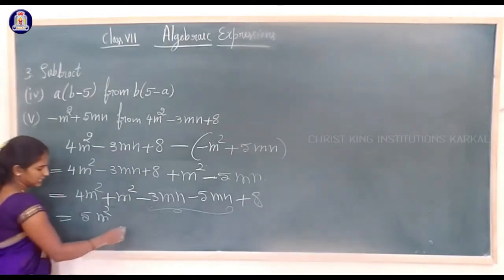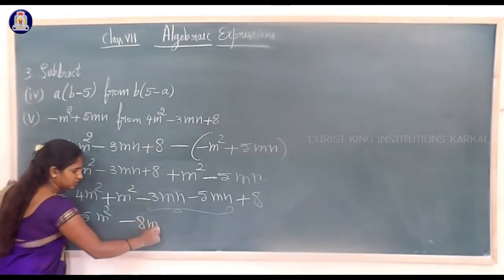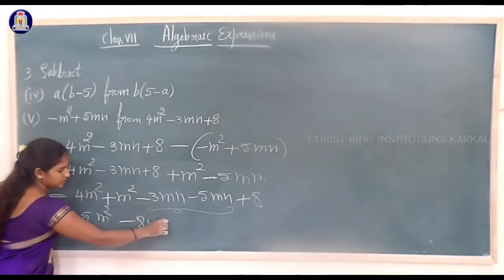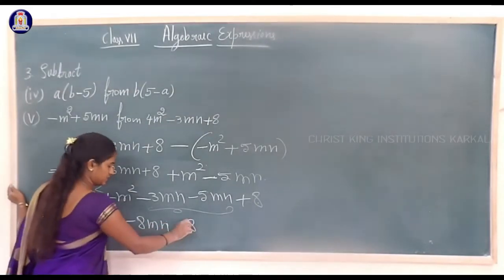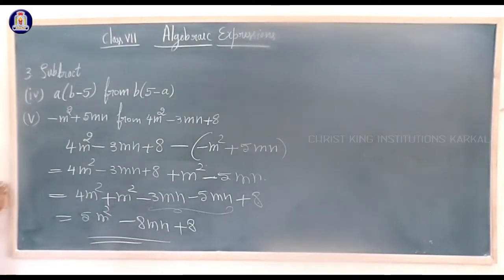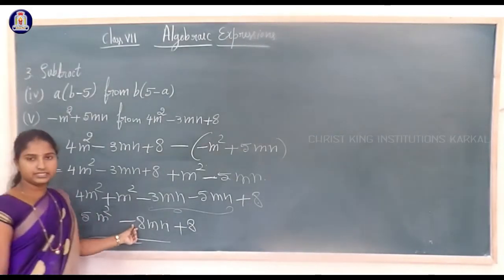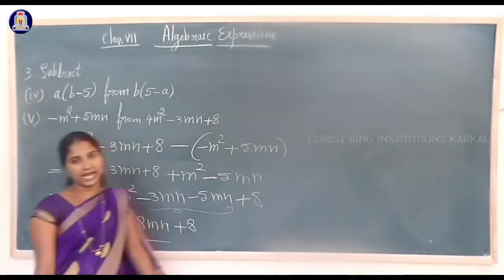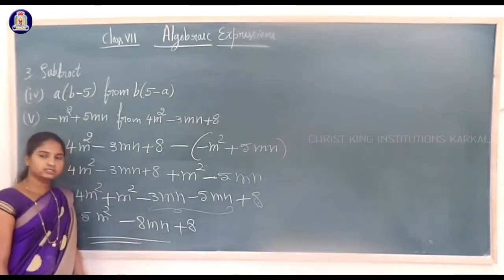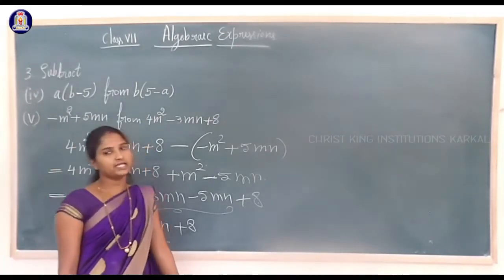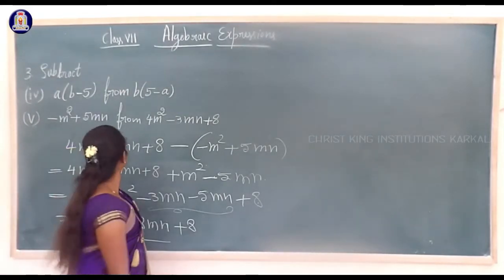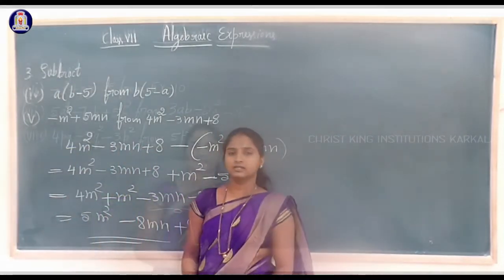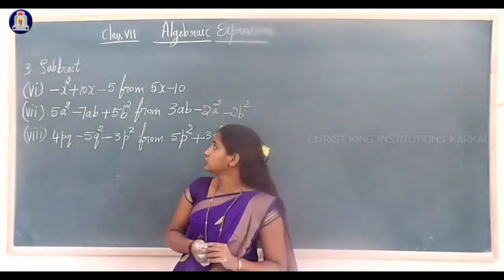Same sign means addition, so minus 8mn plus 8. So this is the final answer. 5m square and minus 8mn we cannot add, because they have different variables and different exponents. So this is the final answer to the fifth question. Clear? Okay.